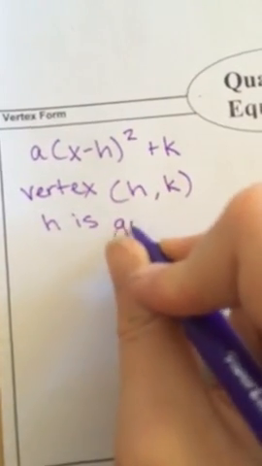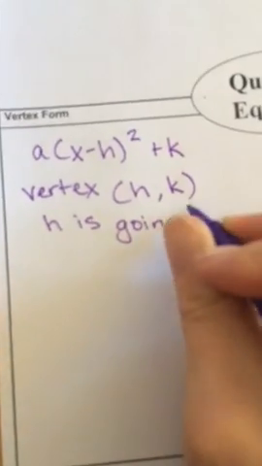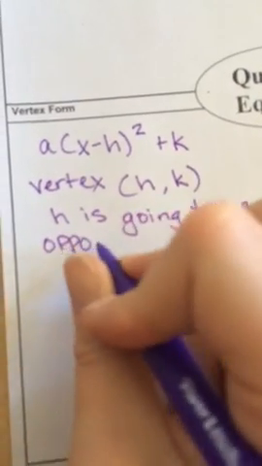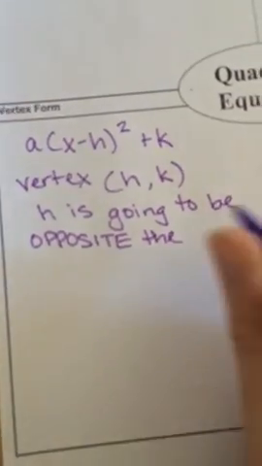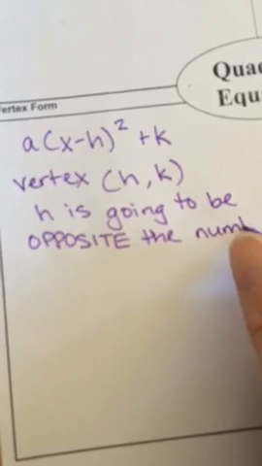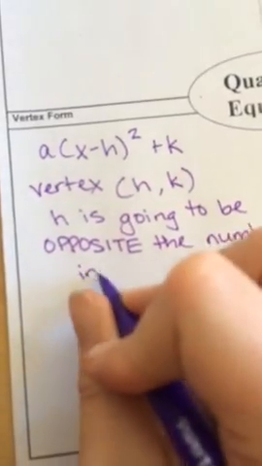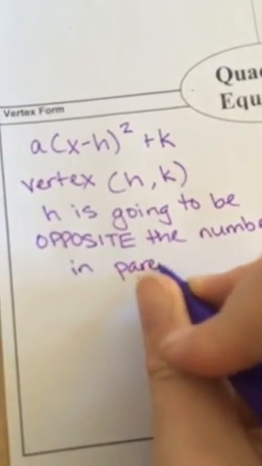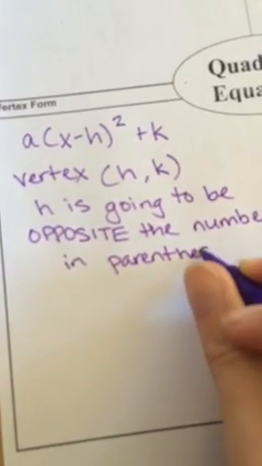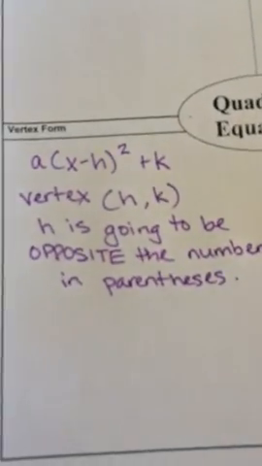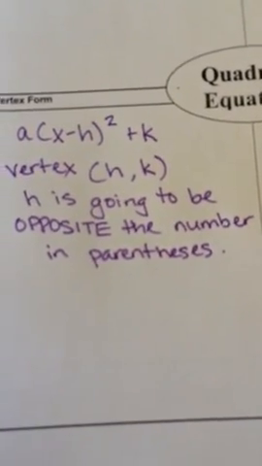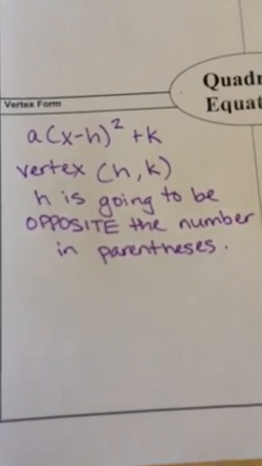And remember, h is going to be opposite the number in parentheses. k is not. k is just going to be the same, okay?